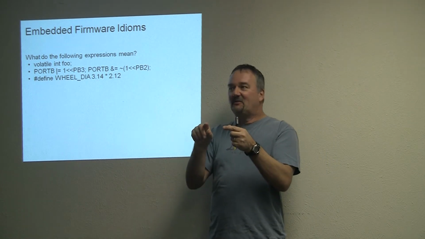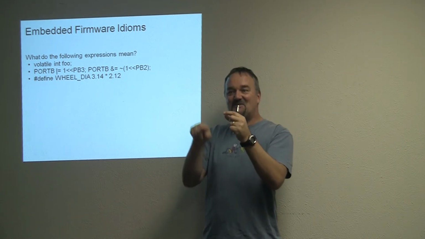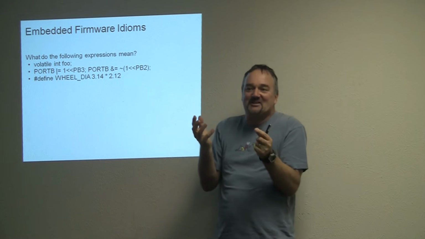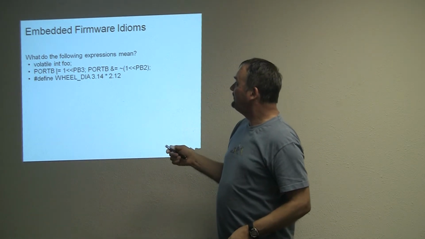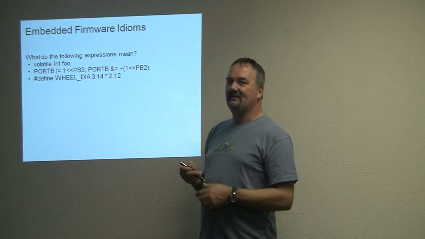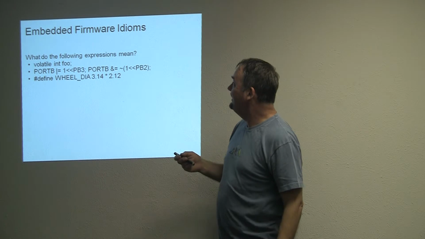It'll read it once from the port and cache it in a register and keep checking, and of course the register never changes even though the I/O port does. So volatile defeats that behavior of the compiler when you turn optimization on.